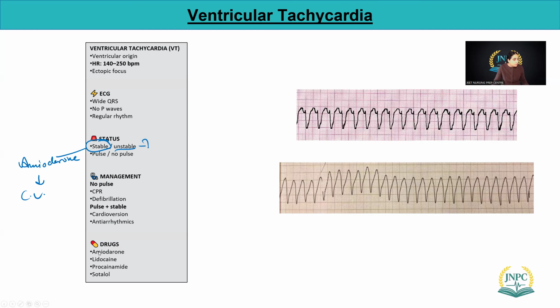Okay. So we have amiodarone, lidocaine, procainamide, sotalol, we can do that. Pulse plus stable. No pulse, CPR and defibrillation. I hope that makes sense now. When to give CPR, when to give cardioversion, when to give defibrillation, right? So that depends. We do have conditions specifically in tachycardia with pulse and without pulse.